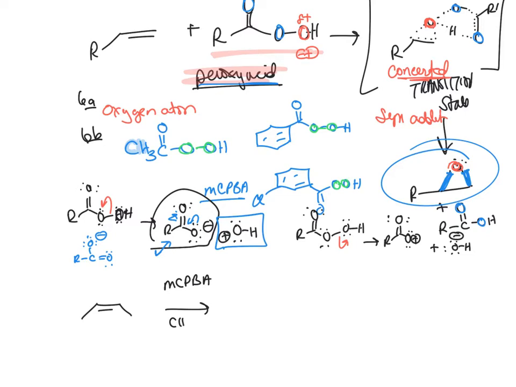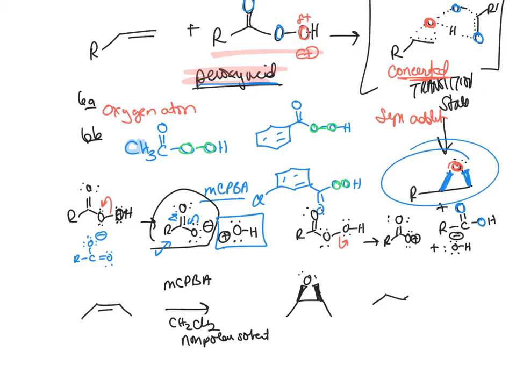A lot of times this is in dichloromethane, which is a nonpolar solvent. So if you have cis, cis is going to remain cis. Okay, so that's what that means.